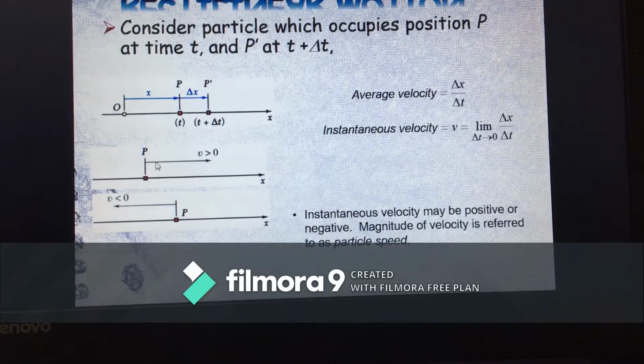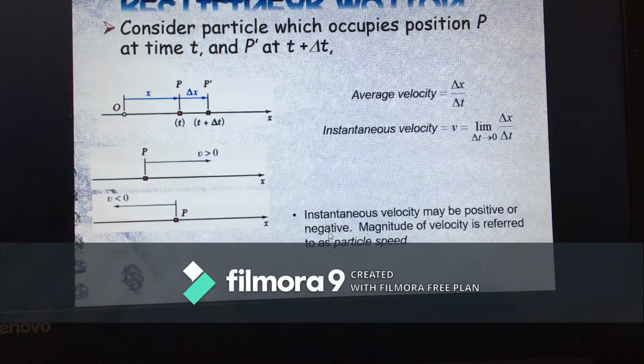Okay, so pwede siyang mag-positive ang velocity, pwede mag-negative depending on the direction of the movement of the particle. So we have here the concept that the instantaneous velocity may be positive or negative. So ito yung ibig sabihin niya, class, depende sa scenario. And the magnitude of velocity is referred to as particle speed.